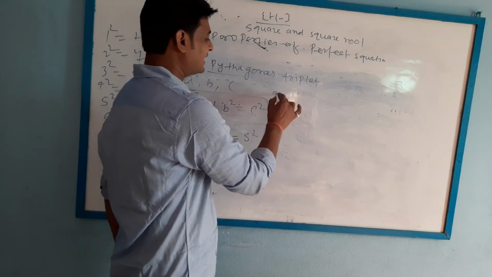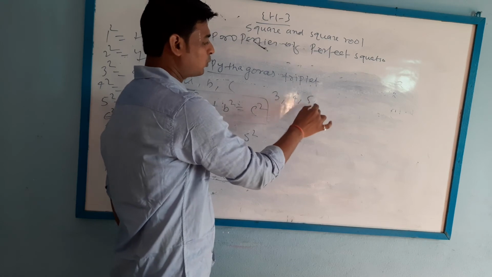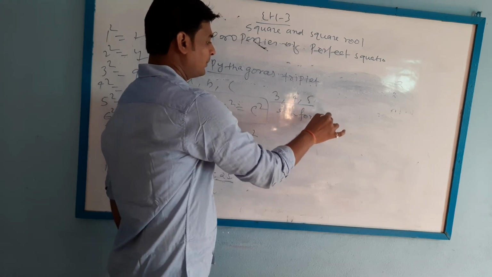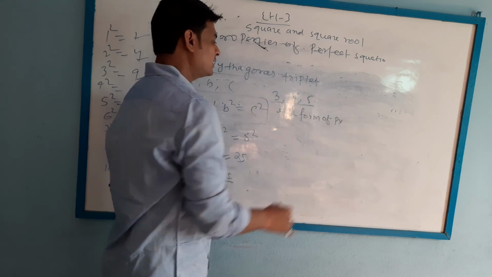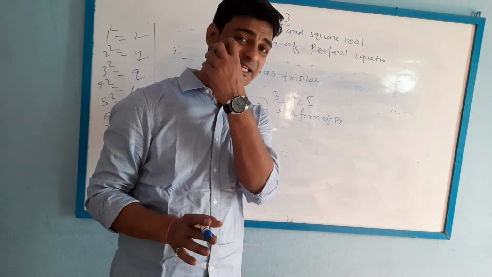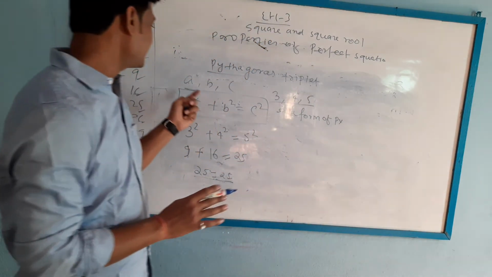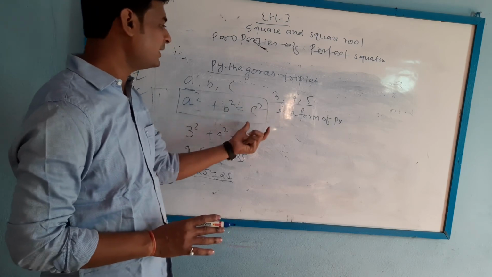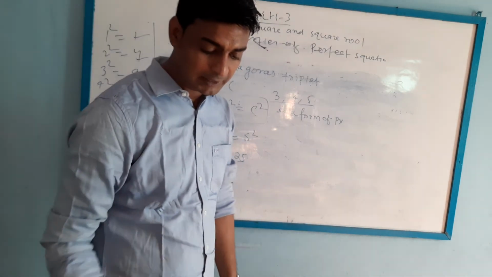So we can say that 3, 4, 5 form a Pythagoras triplet.